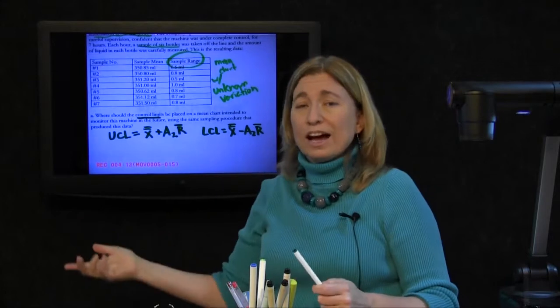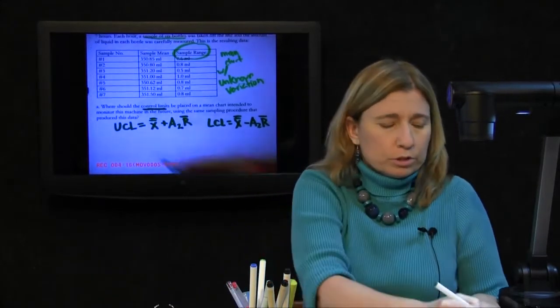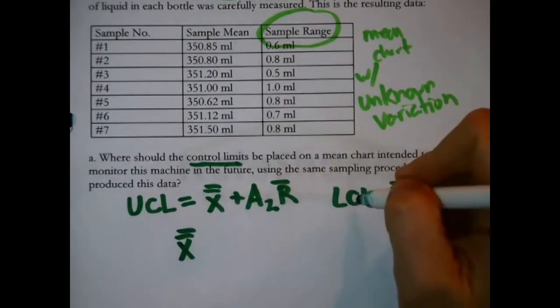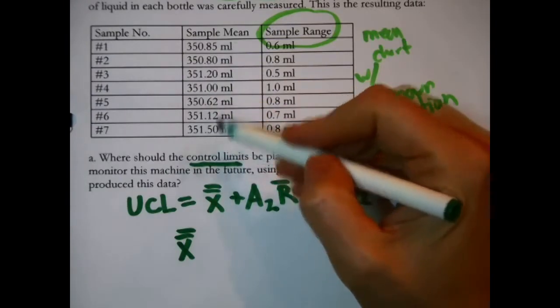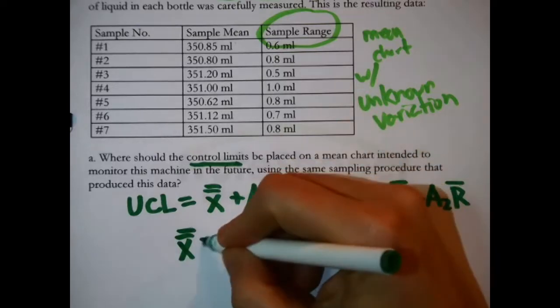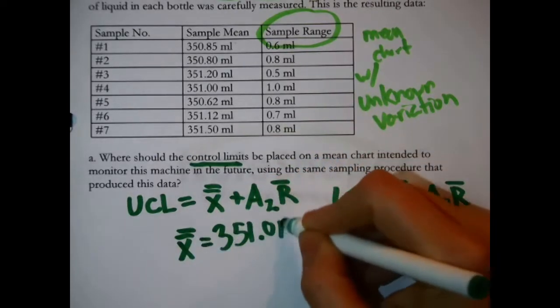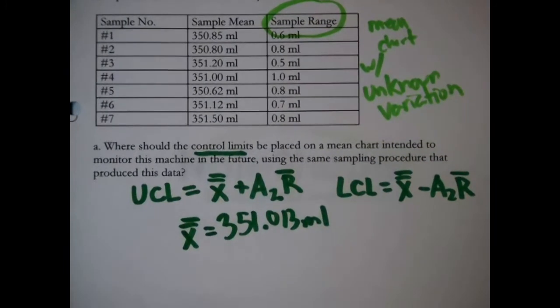To figure out what x double bar we should be using in these formulas, we just need to average these numbers here. Put each one of them in your calculator and average them. I get an average of 351.013 milliliters.